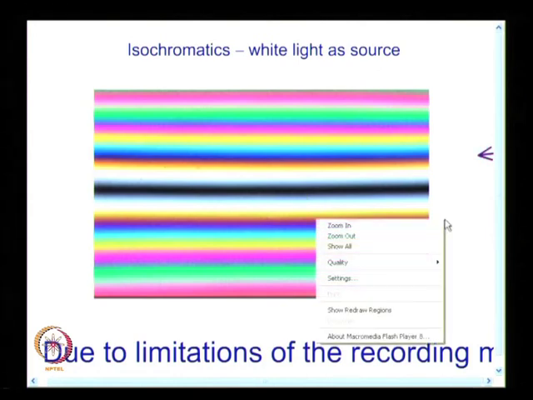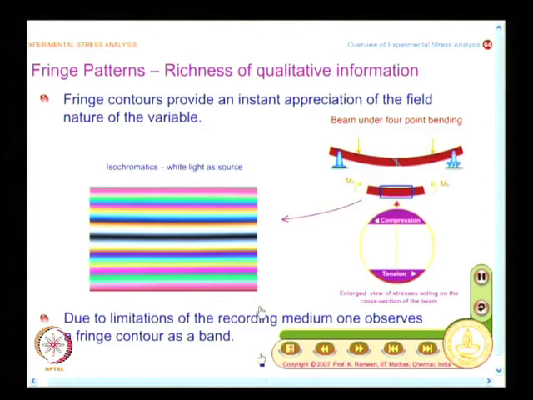You see contours as bands mainly because of the deficiency in the recording medium. If you use a very fine digital camera, you would be able to find out the variation in the grayscale and pick out minimum intensity points as a fringe skeleton.